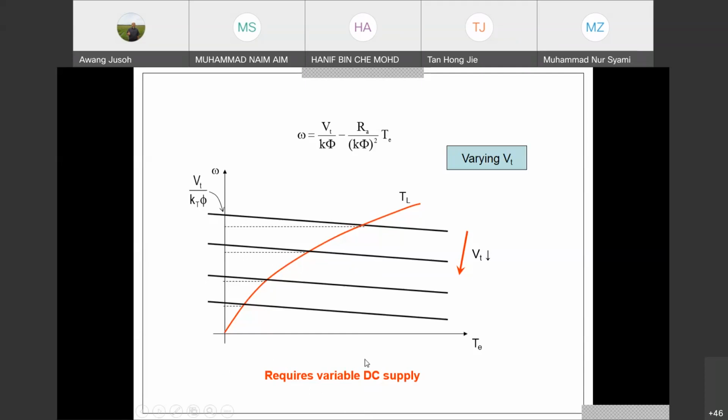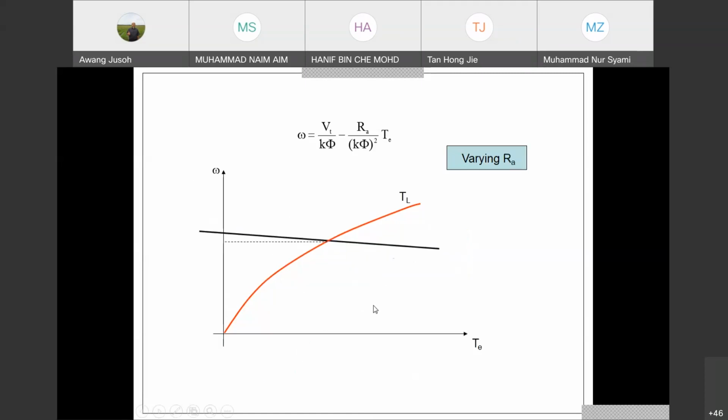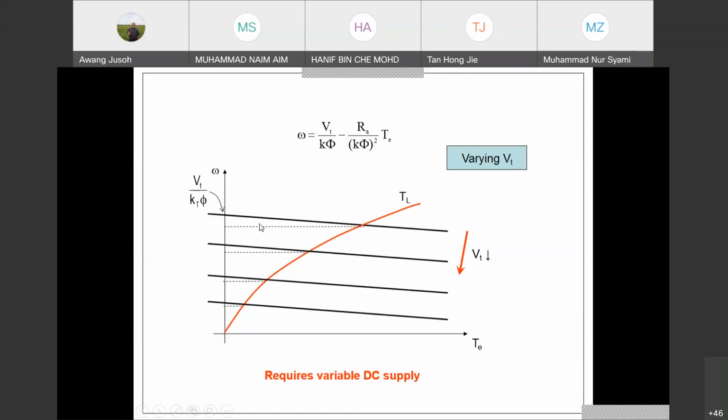So by using a controlled rectifier, we can have variable DC to drive the DC motor. It depends on what kind of supply you have. If your supply is DC, then you have to use a DC converter, or chopper circuit. But if your supply is AC, then definitely we need to use a rectifier circuit, or controlled rectifier.